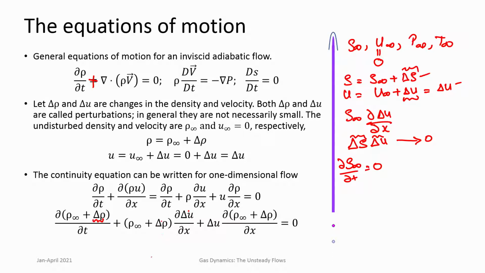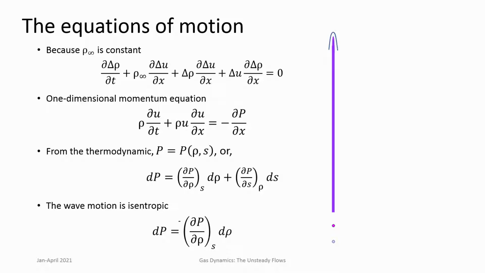So, that is not significant, and rho infinity multiplied by the partial derivative of delta u with respect to x is significant. So, using these guiding principles, we can write down this equation in terms of the partial of delta rho with respect to t and rho infinity times the partial of delta u with respect to x, while the other terms are extremely small.